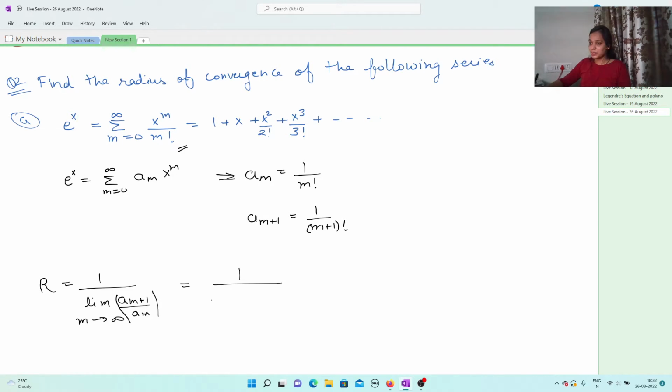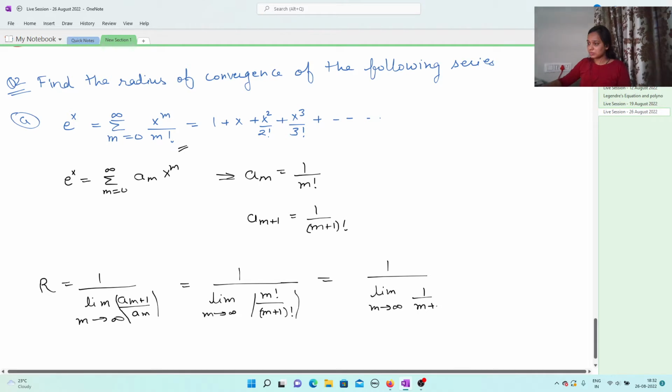What will this become? 1 over limit n tends to infinity n factorial over n plus 1 factorial, right? And this can be written as 1 over limit n tends to infinity 1 over n plus 1.